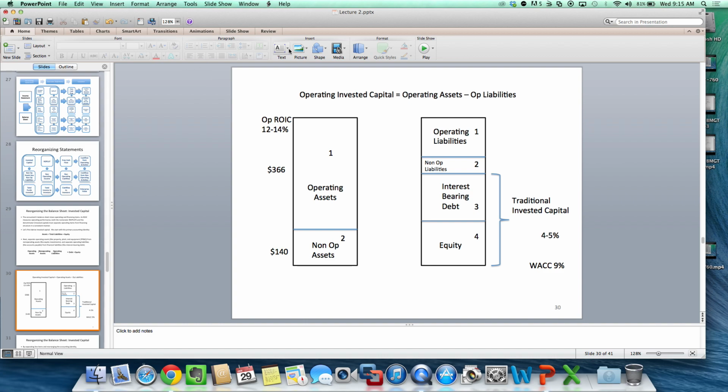And your non-operating ROIC is 2%. Because they have a big joint venture with Miller, and they have a horribly performing joint venture with Miller. It's half their investment. So that's the point.